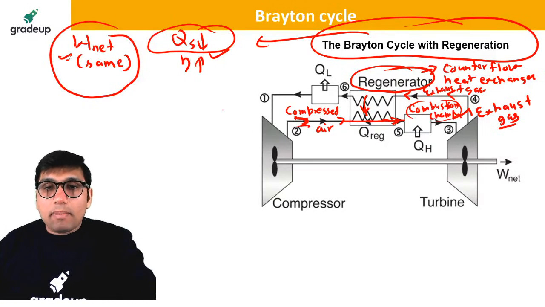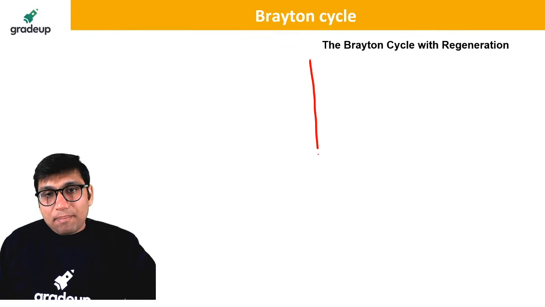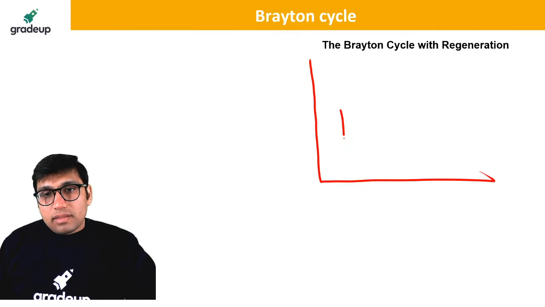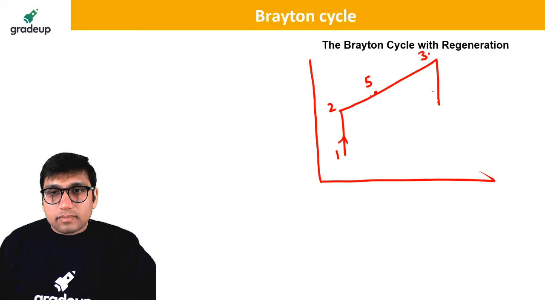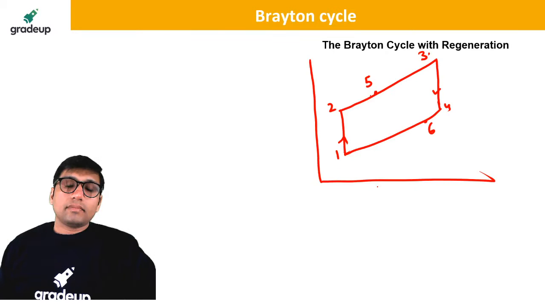So in the case of a Brayton cycle with regeneration, what happens? Let us say 1 to 2 is compression. Then generally the heat addition is from 2 to 3, but here we have intermediate points, let us say 5, 4 and 6. Clear everyone?